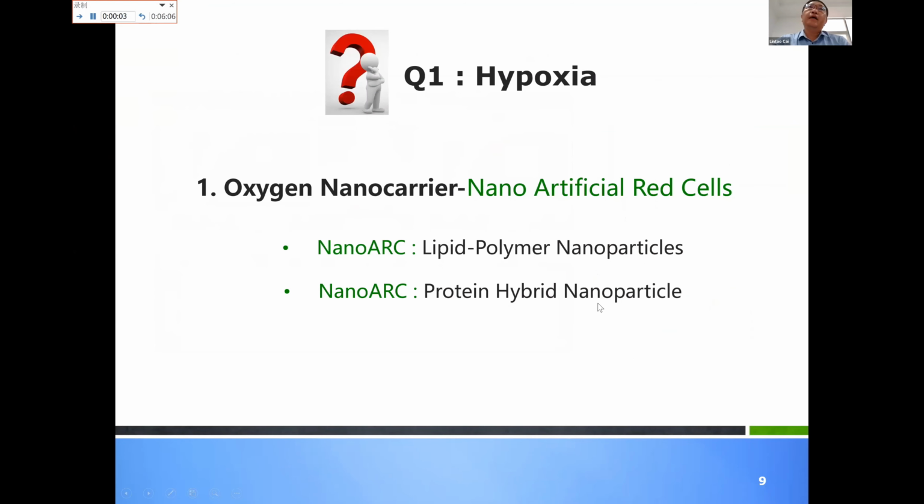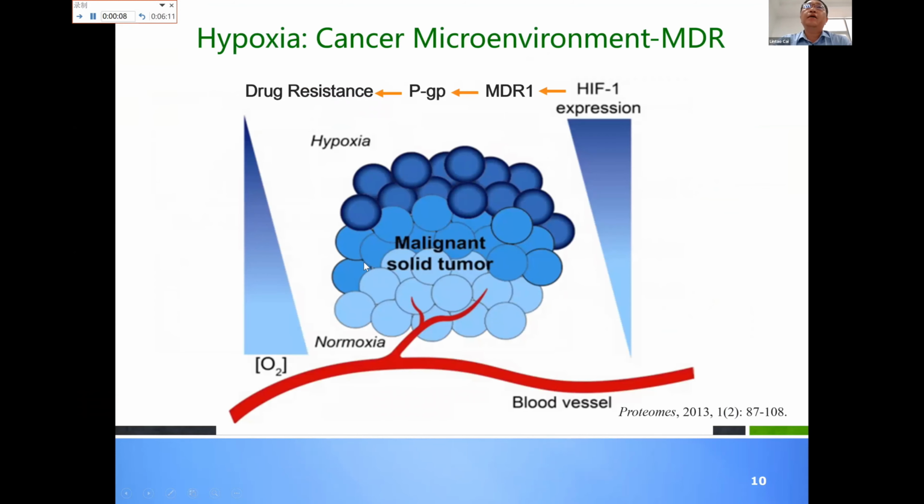For cancer therapies, the first problem is hypoxia, because in the center of the tumor, everything is hypoxic. Hypoxia will overexpress HIF1, resulting in MDR1 and also P-gp, and finally drug resistance.